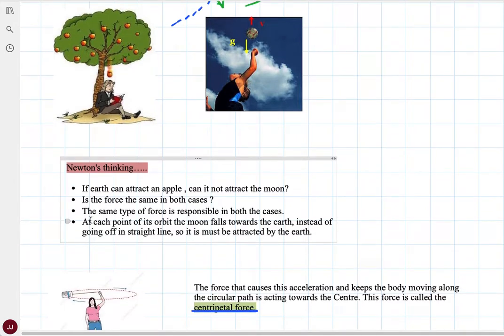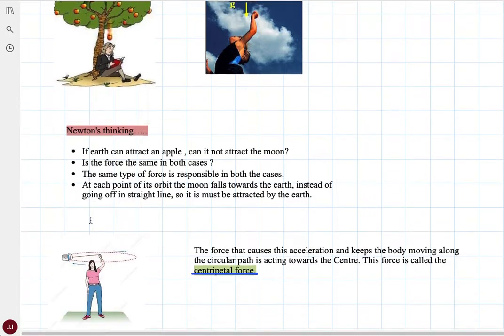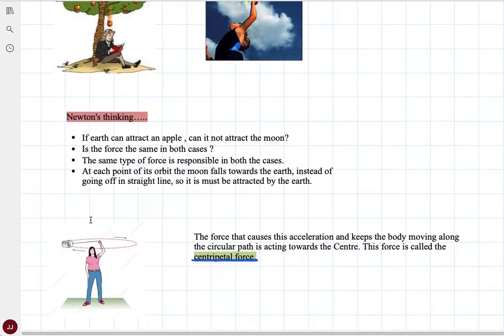Thinking beyond, if Earth can attract an apple, can it attract the moon? Yes, we've seen that the attraction between the apple and the Earth is the same attraction which happens between the moon and the Earth. Without the attraction, the moon could not be held in the same circular path.